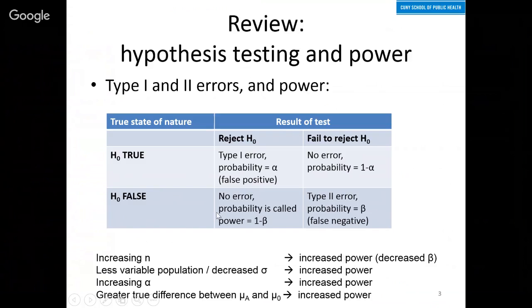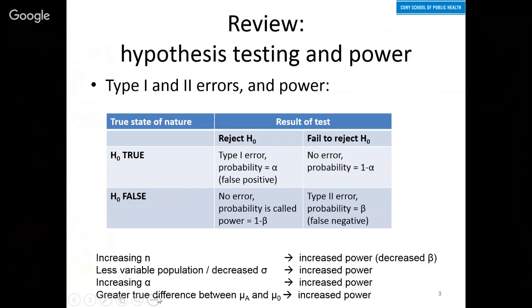In the example of the prisoner, type 1 error is where we convict an innocent person, so we have false evidence that the defendant is guilty. And type 2 error is where we fail to convict a guilty person because we don't have enough evidence. So just like in the courtroom trial, in the absence of evidence, we accept the null hypothesis, and only if there is sufficient evidence do we reject the null hypothesis.